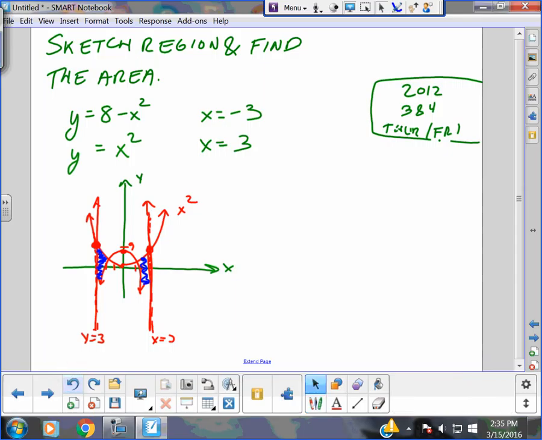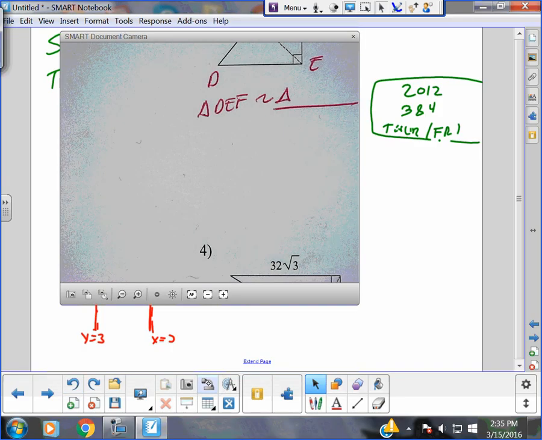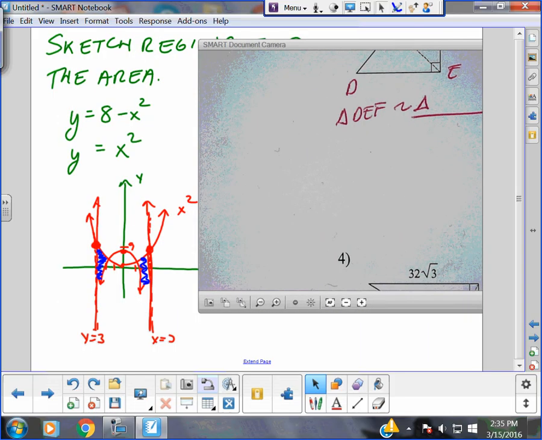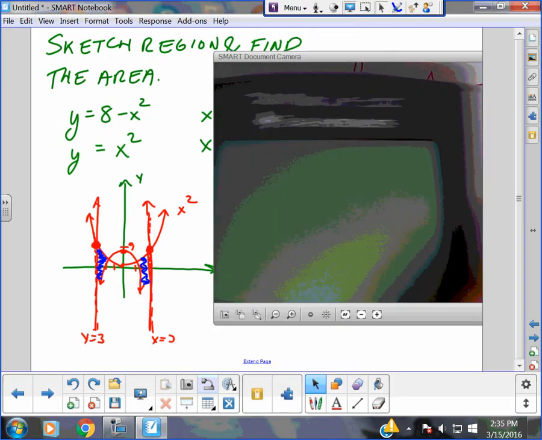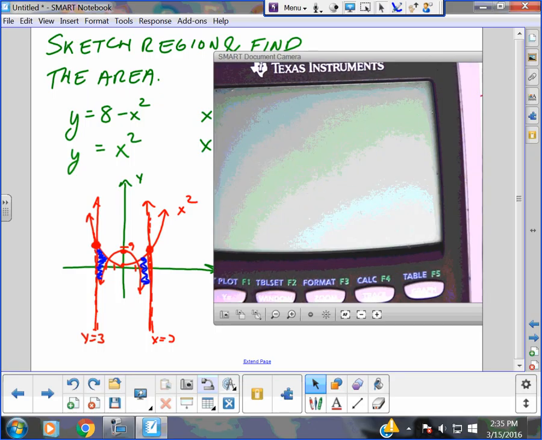So guys, I'm going to grab my calculator for a second, and I'm recording this. I'm going to put that in my calculator because I really want to see this region, and I want it to be correct.